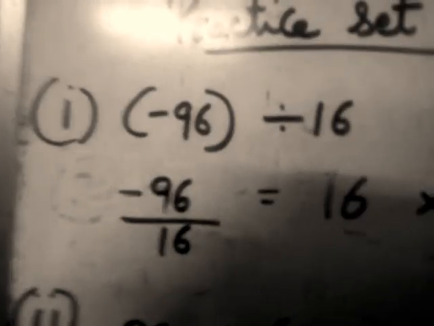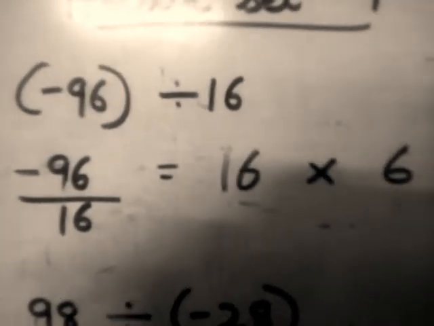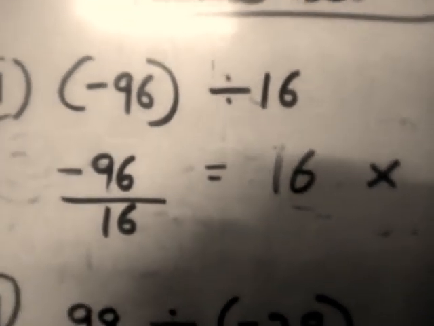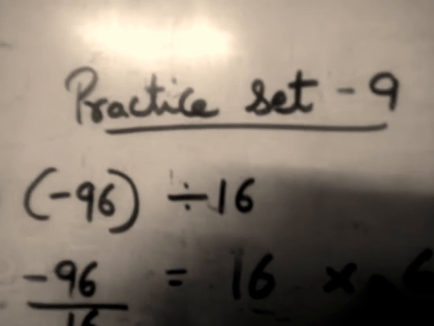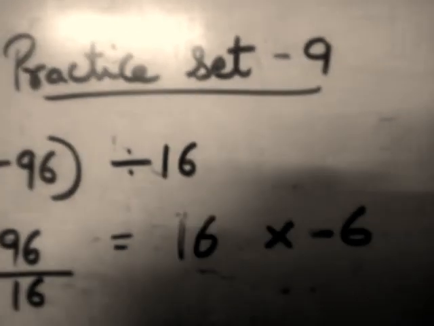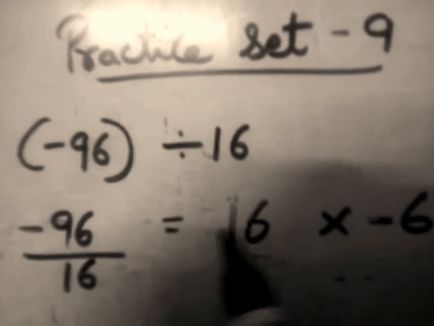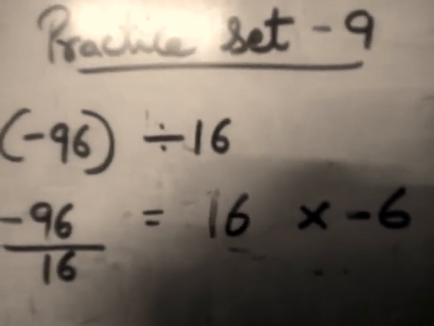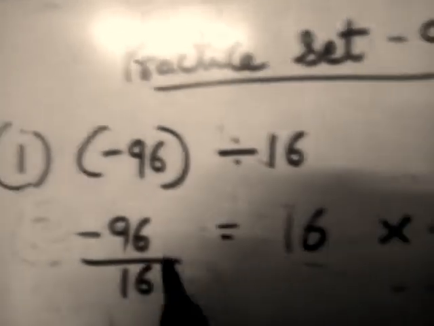But minus 96 is a negative number. Minus 96 has the negative sign here. So you can write minus 6. You can put the negative sign in any one number, either minus 16 or minus 6, because plus into minus becomes minus.